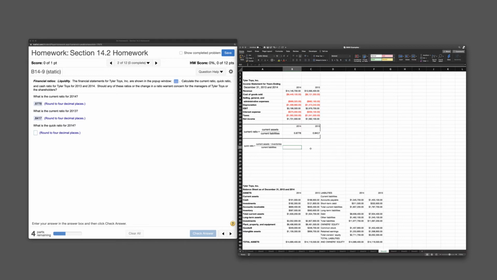So if we have too much of our assets in inventory, it doesn't necessarily mean that we can pay off our obligations. So again, sometimes we like to look at this as well.